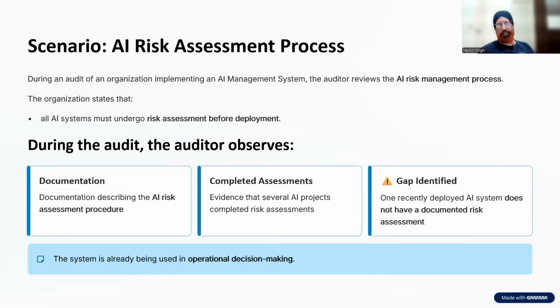What about the gaps identified? One recently deployed AI system does not have a documented risk assessment. That is a very important observation that you came up with. There is one AI system that was deployed that does not have the documented risk assessment.